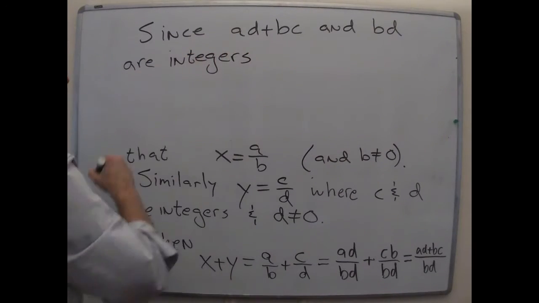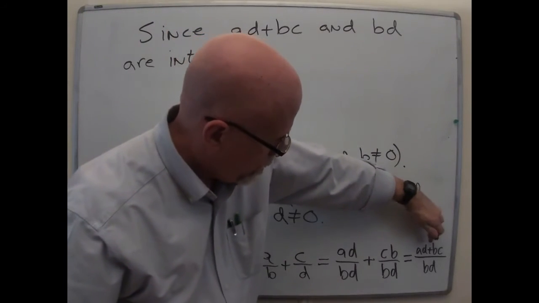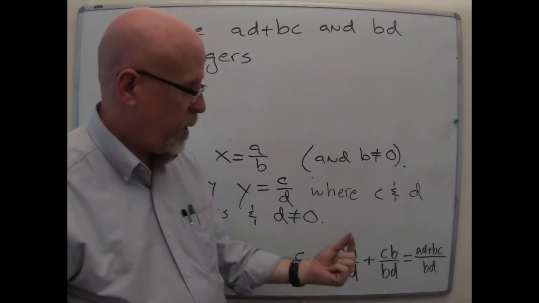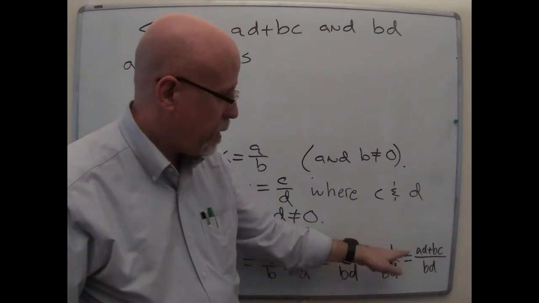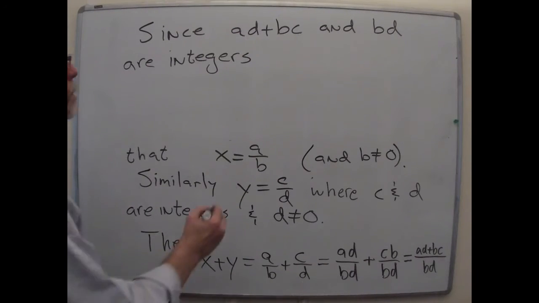Why, you ask? Why do I know they're integers? Because this is a product of integers with a sum. When we multiply integers, we get an integer. When we add integers, we get an integer. That's a combination of the closure axioms. And bd is just the closure axiom under multiplication.